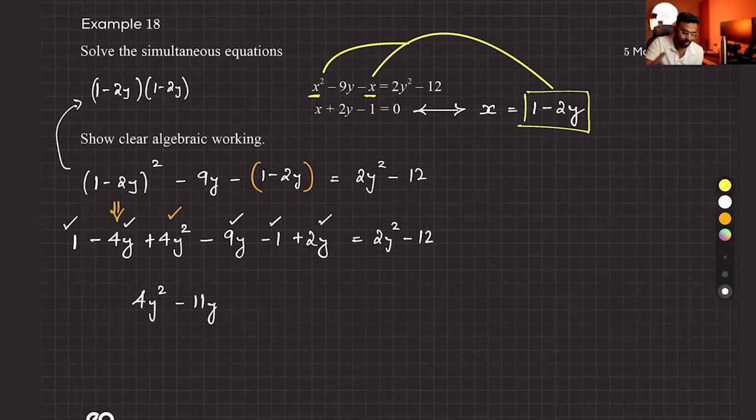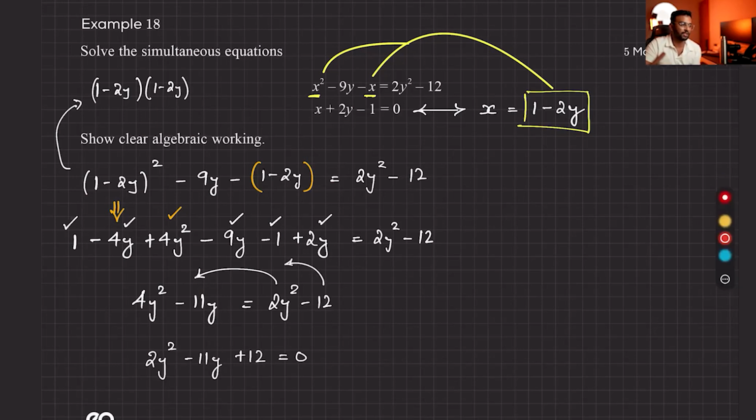Positive 1 minus 1, it's gone, equals 2y squared minus 12. 2y squared going to the other side subtracts with the 4y squared. That would become 2y squared minus 11y. I'm taking the minus 12 to the other side. That becomes positive 12 equal to 0. And now we can solve it.